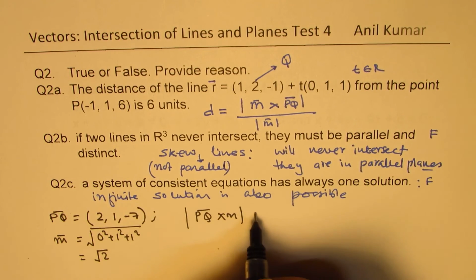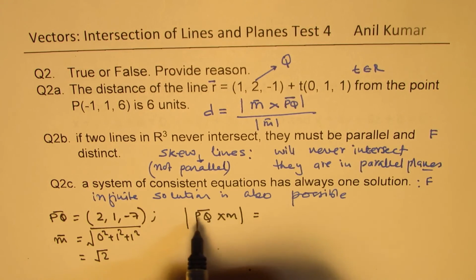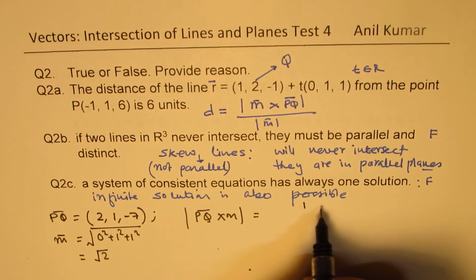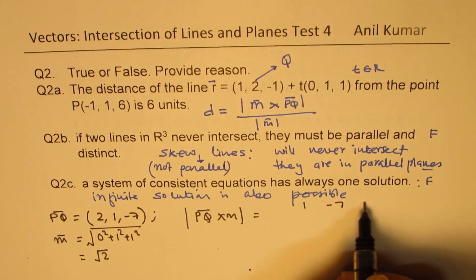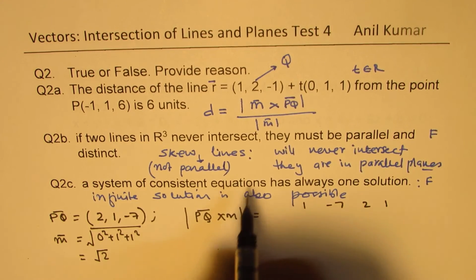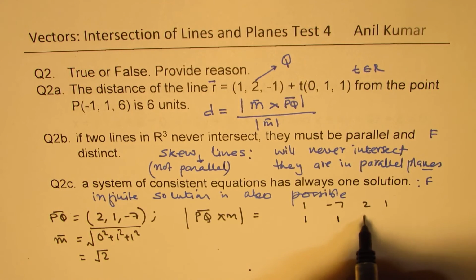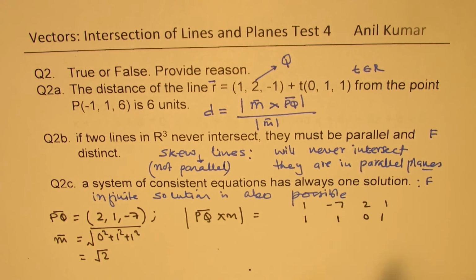Okay, so basically we have PQ, let's figure this out. So let me write down 2, 1, minus 7. M is 0 1 1, so we write 1 1 0 1, right? So when you do the cross product, you add these terms, right, and subtract the other ones.